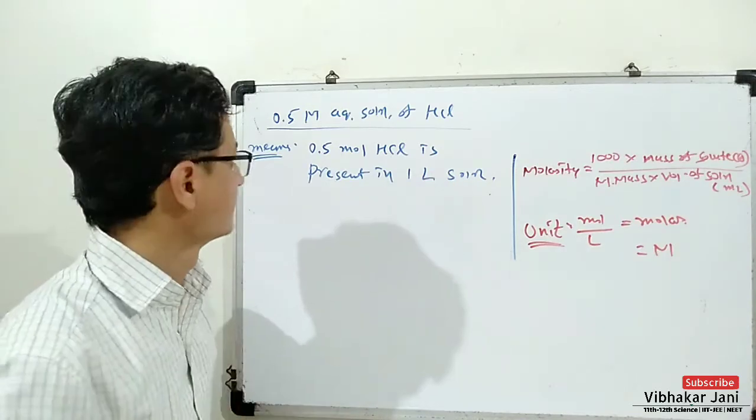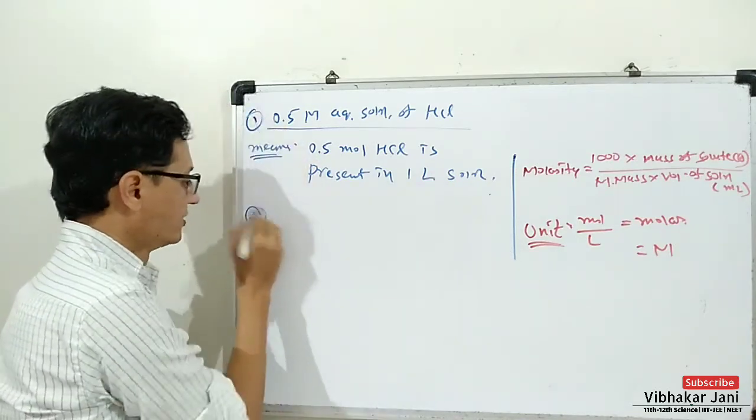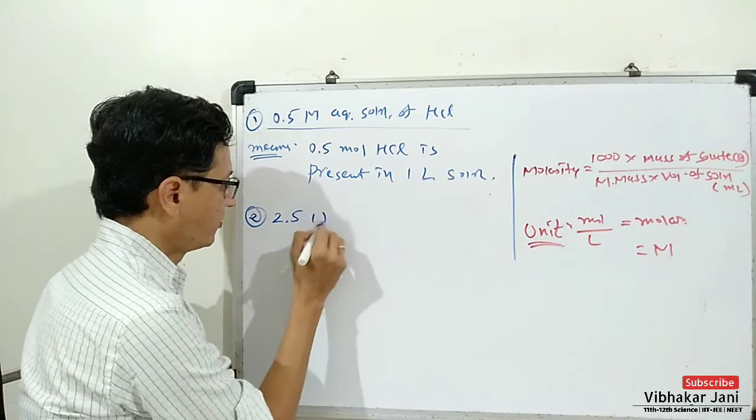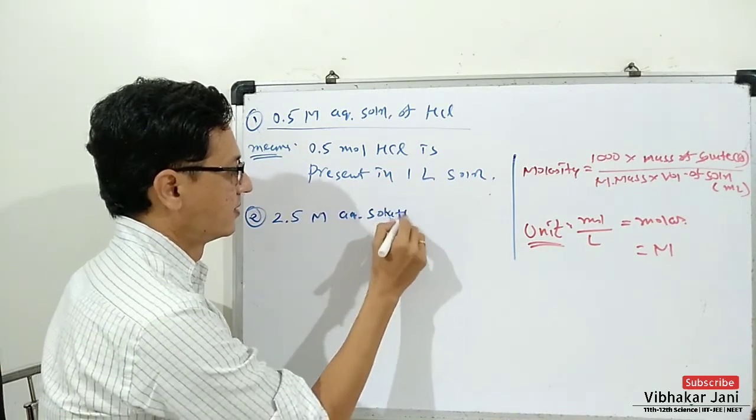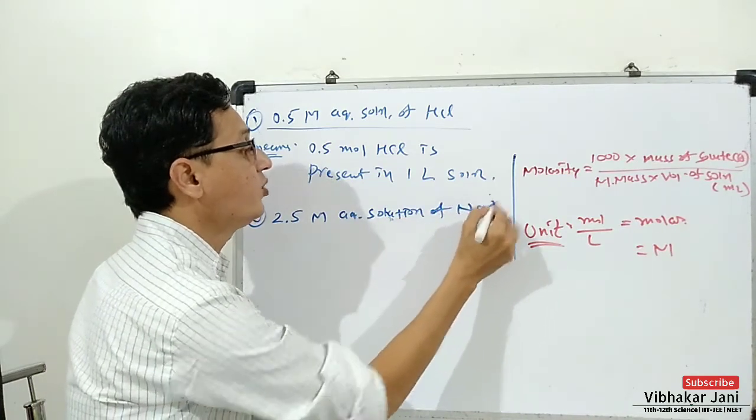of solution. Second example. Suppose somebody says 2.5 molar aqueous solution of NaOH.